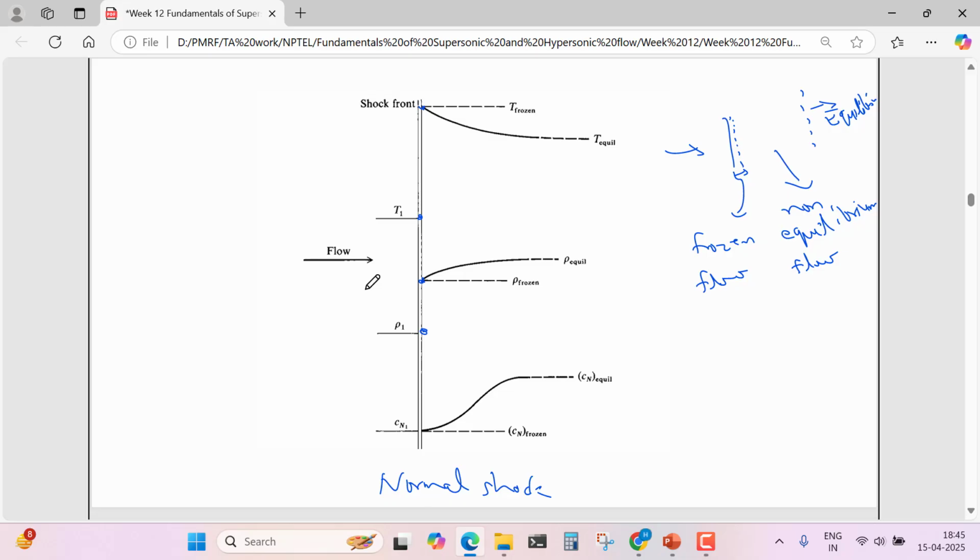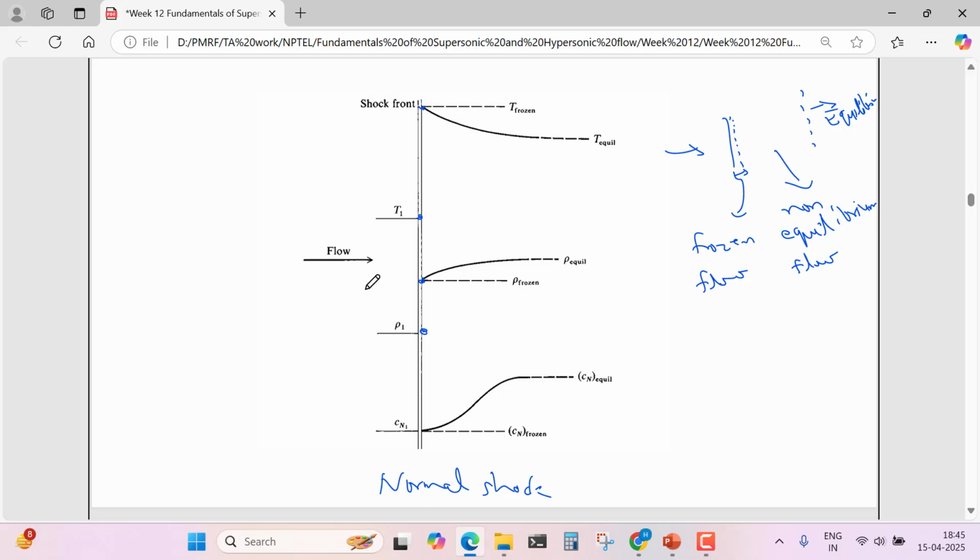So due to this temperature, there are chances of vibrational non-equilibrium and chemical non-equilibrium. Due to this non-equilibrium, some of the energy will go to vibrational mode and some will go to the dissociation of the gases.